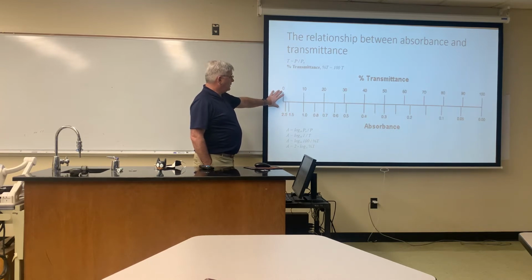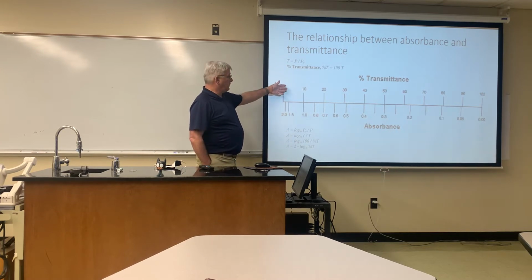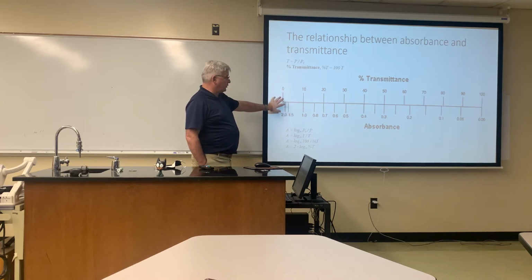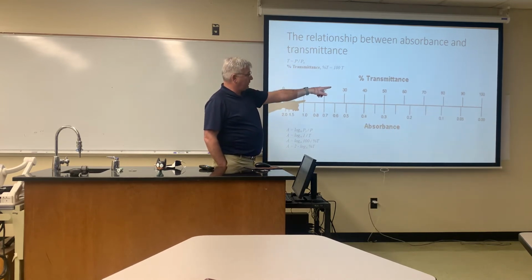This is a relationship which I want you to see: transmittance versus absorbance. The top row of numbers is the percent transmittance. When 0 light is transmitted, then you have an absorbance that's greater than 2. But at the other end, when I have 100% transmittance, then 0 light is absorbed.